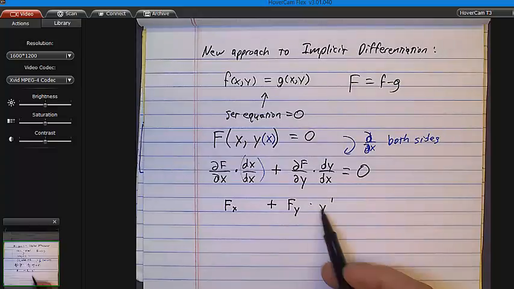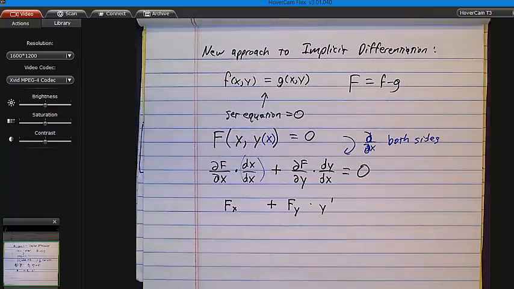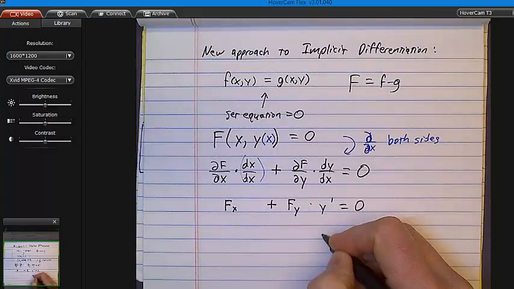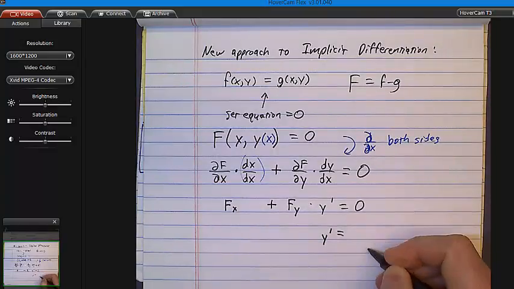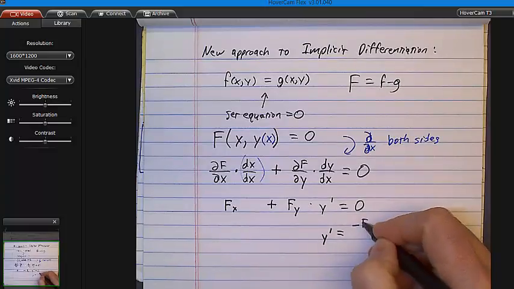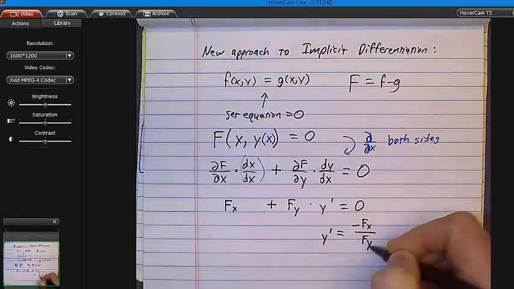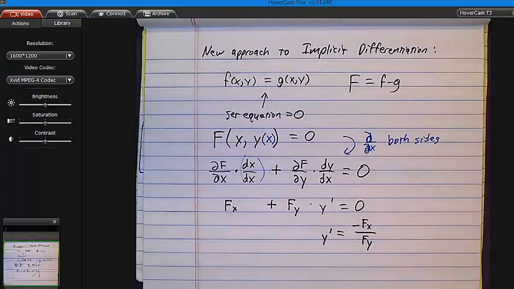That's the thing we were interested in. We wanted to know the slope of a tangent line for the circle. Remember that? And so what we do now is we solve, and we get that y prime will always equal negative f_x divided by f_y. That's what it'll always equal.